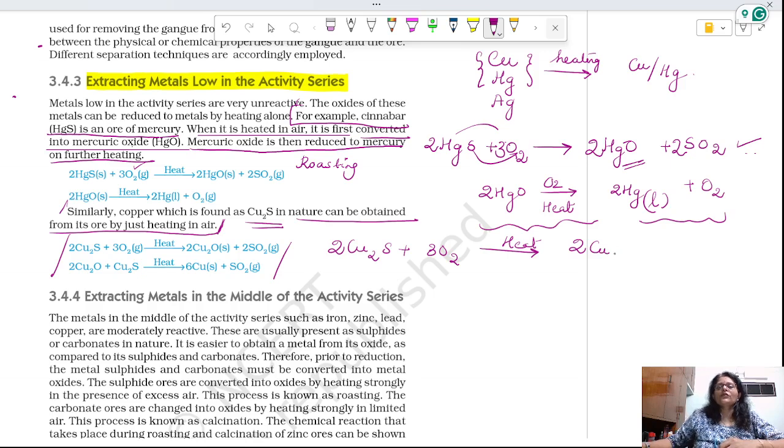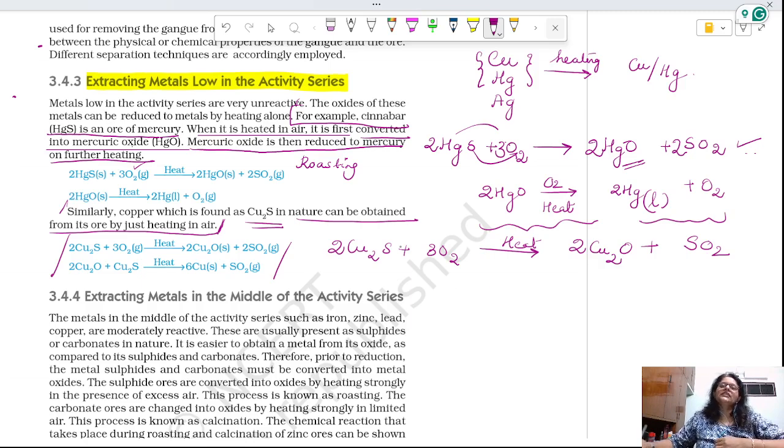Some amount of copper sulfide will be oxidized to copper oxide, and copper sulfate is also formed. Sulfur dioxide is also formed.